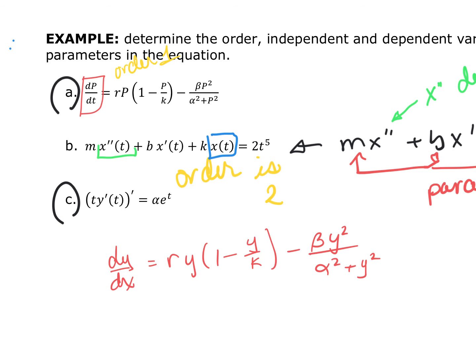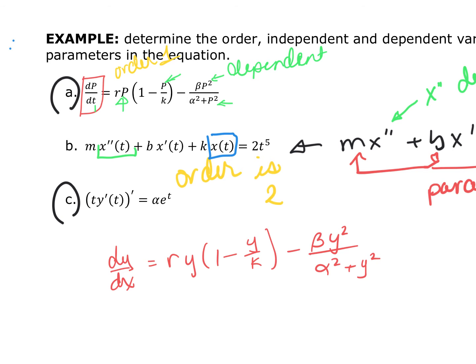So for this, it's similar to that, but it's just written in different variables, something that we're not as familiar with. So my dependent is going to be my p's. Everywhere I see p, that is going to be my dependent. So it's like saying y, right? We're familiar with y.